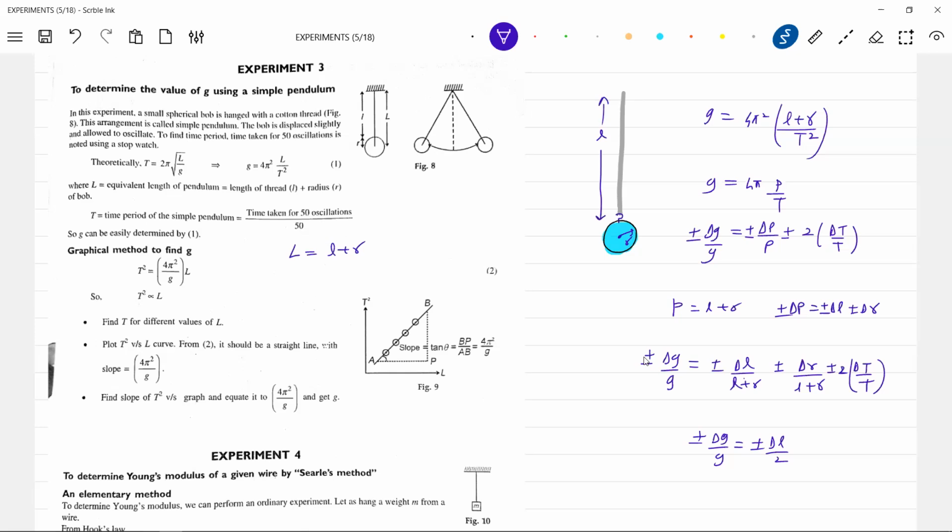If delta R is negligible, you're very familiar with this. But even this can be asked in the exam. You have to be careful.